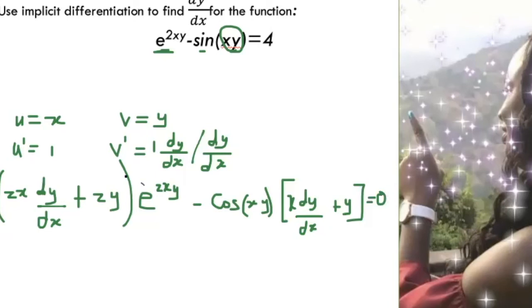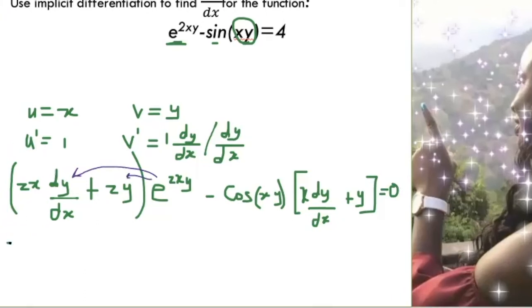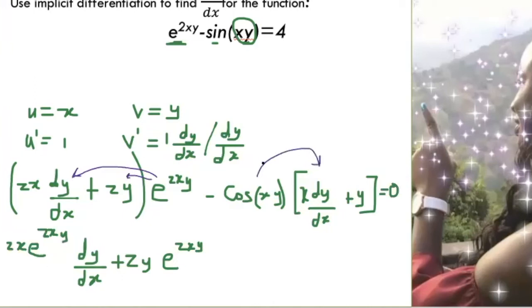The next step, I'm going to clear the brackets, so multiplying each of what is within the bracket by e to the 2xy. So e to the 2xy times 2x dy/dx gives us 2x e to the 2xy times dy over dx. Now multiplying the exponential times 2y, we have 2y e to the 2xy, minus cos xy times x dy/dx, and then cos xy times y.